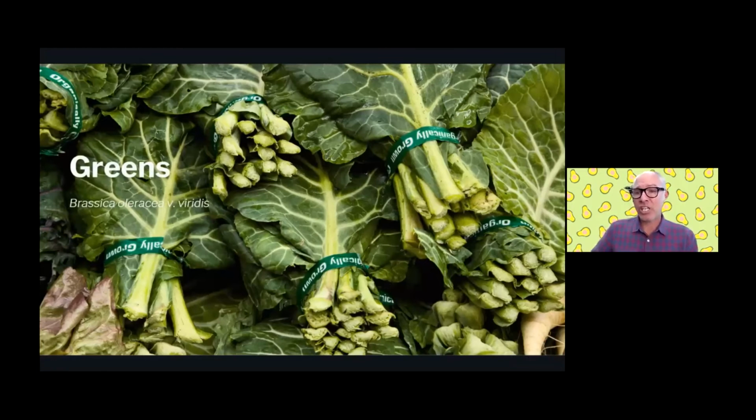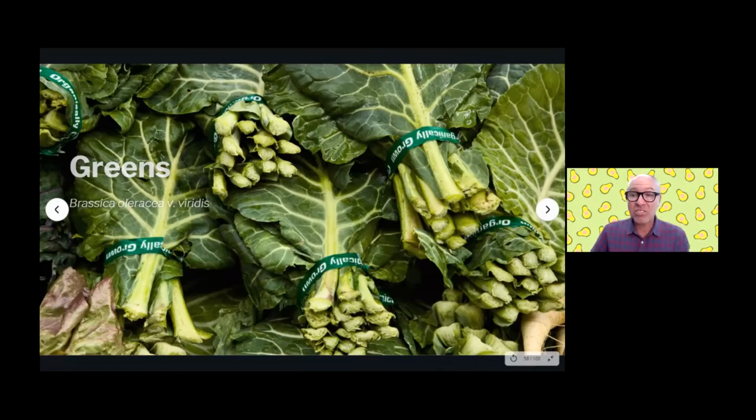Another selection of Brassica oleracea leaves has given us, probably closest to the wild plant, Brassica oleracea, the variety viridis, which are the greens, the collard greens and the kale, all these things. I'm quite fond of the collard greens.